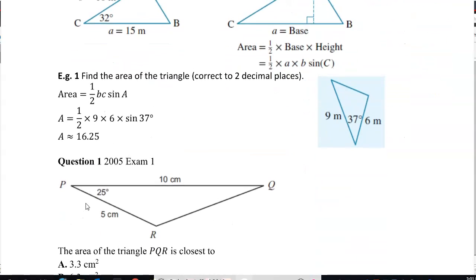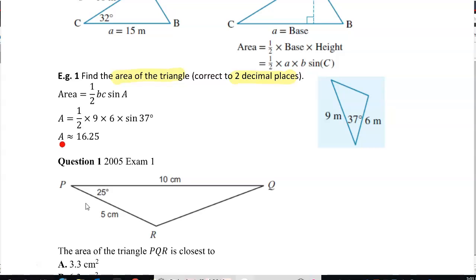So here, find the area of the triangle, correct to two decimal places, and you can see we've been given two lengths and the angle between them, so I can use this formula, half bc sine A. I'm just substituting my knowns and I then get my area.